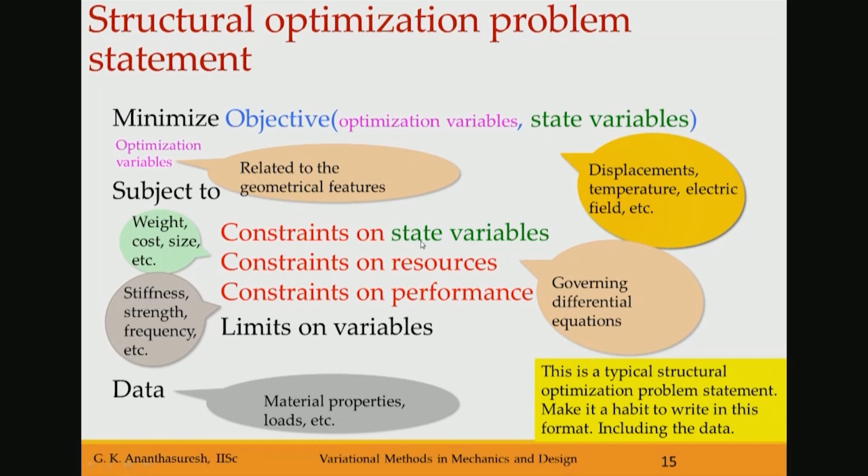There will be constraints on the state variables which will be governing equations, constraints on resources like weight, cost, size, etc. Constraints on performance for stiffness, strength, frequency, buckling load, all those are performance constraints, the limits on the variables, and what you consider data will be material properties, loads and so forth. Okay. This is how a typical optimization problem looks like.